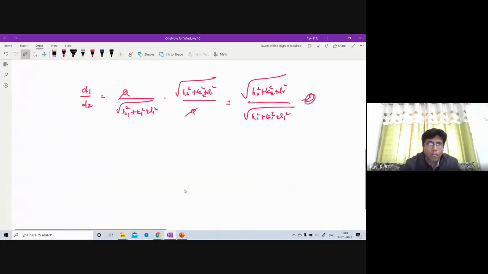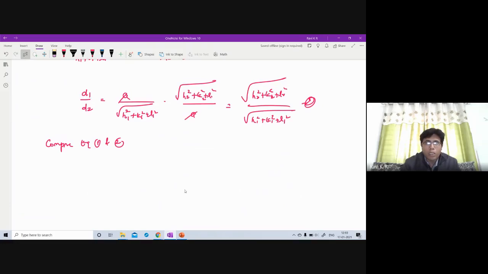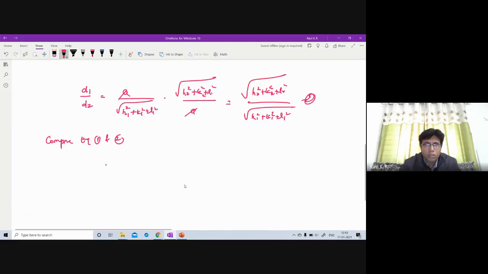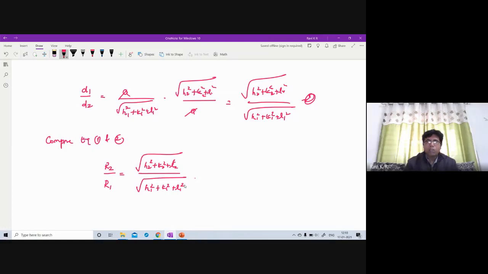So now compare equation 1 and 2. In both cases you have D1 by D2. That means R2 by R1 is equal to root of H2 square plus K2 square plus L2 square by H1 square plus K1 square plus L1 square.